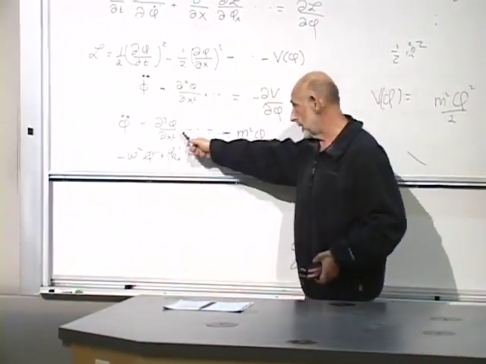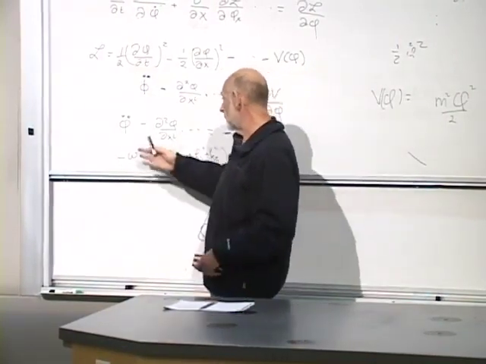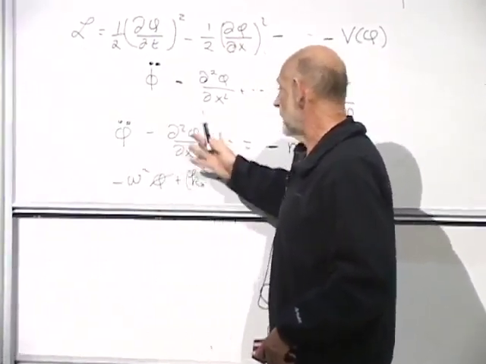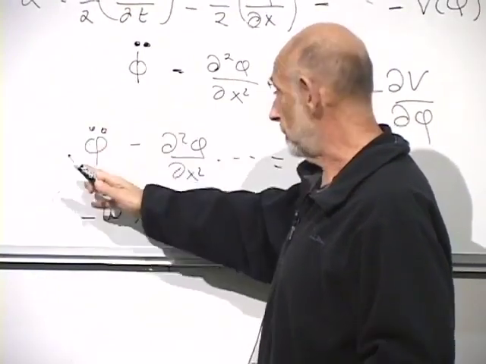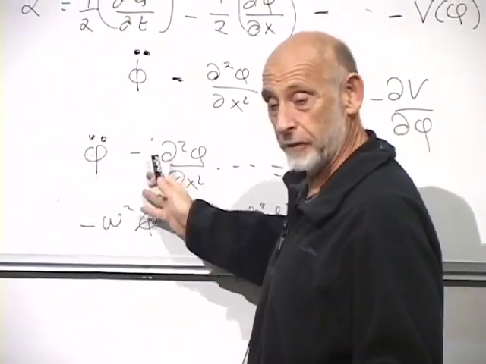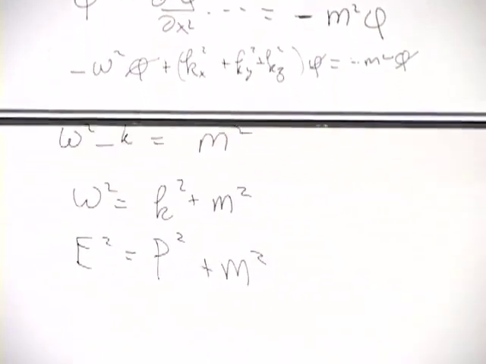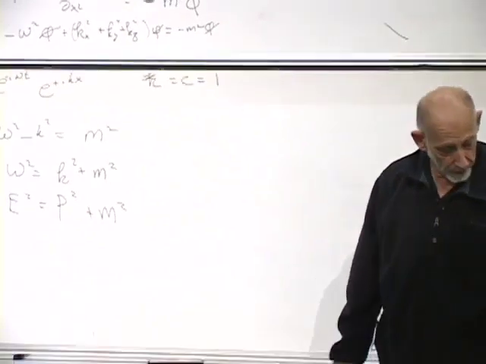That's why this minus sign is here. Remember, whenever you're doing special relativity, there are minus signs in the relationship between space and time. So that's the basic setup for Lagrangians, and it's really quite simple.